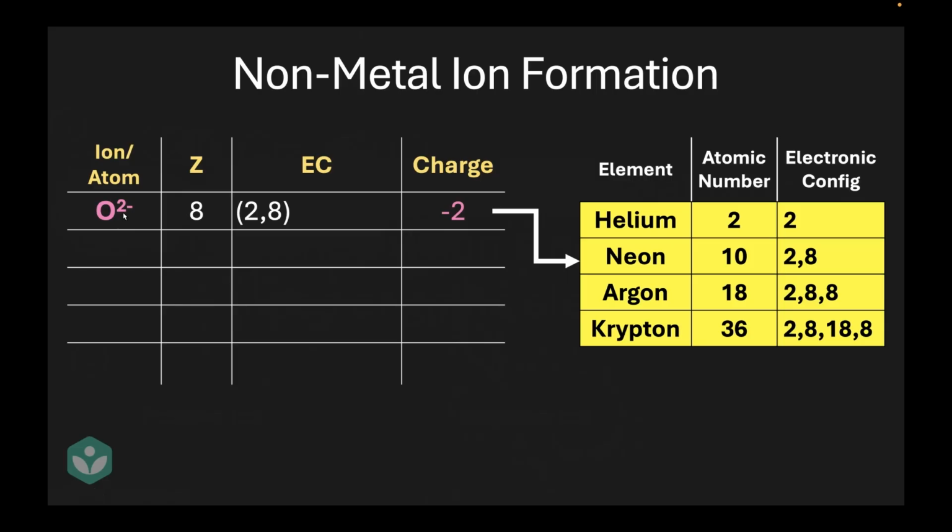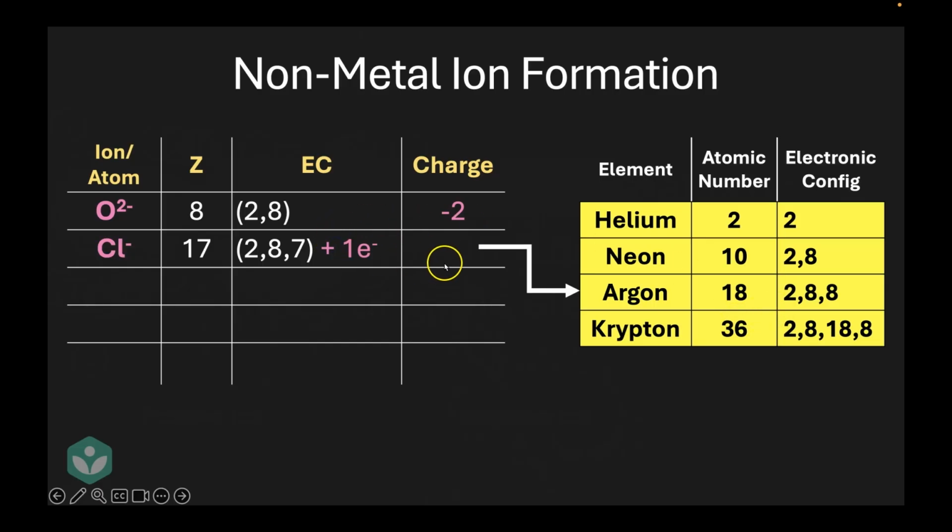Okay, great. Now let's move on to something like, say, chlorine. Chlorine has an electronic configuration of 2, 8, 7, right? Which noble gas do you think this would want to become like? Exactly, argon is the closest noble gas, right? If chlorine was able to gain 1 electron, it would become a chlorine -1 ion, and it would now have an electronic configuration of 2, 8, 8.